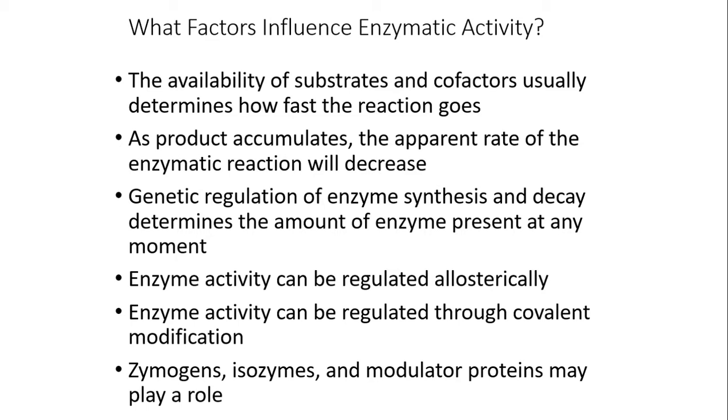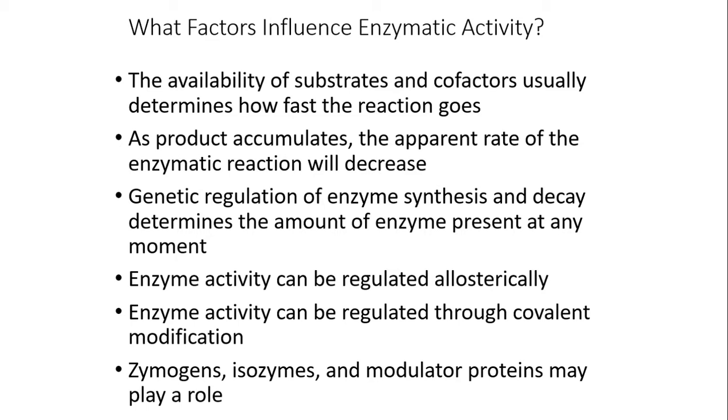So availability of substrates and their cofactors determines how fast the reaction goes. The enzymatic rate often slows down as the product accumulates and equilibrium is approached. Some enzymes are regulated by feedback inhibition, so they're inhibited by the increasing amount of product that they're generating.